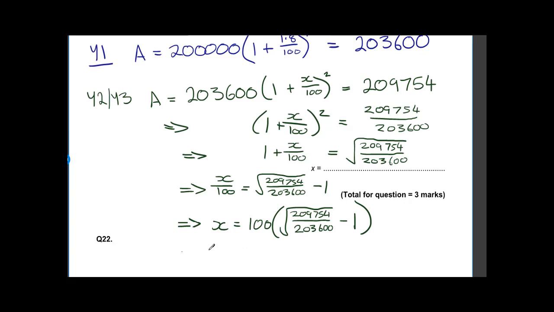So you just do that and you get the answer. Throw it into your calculator, which you should be pros at because you use it so much. It's the one thing that you are better than me at actually, using the calculator. You're very fast at it because you depend on it so much. 209,754 over 203,600, minus 1.